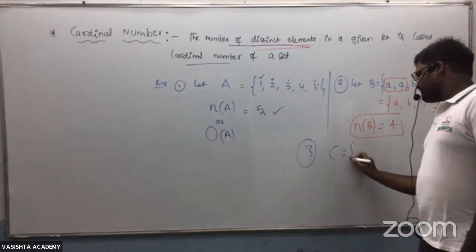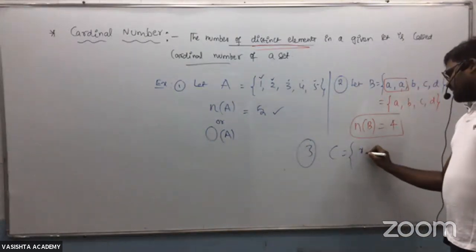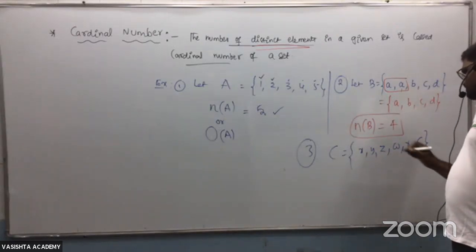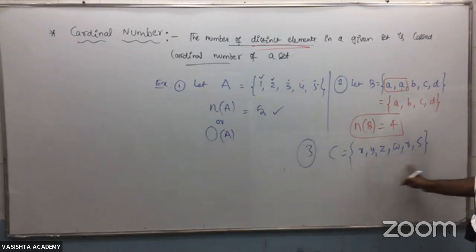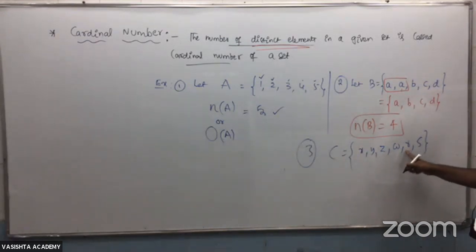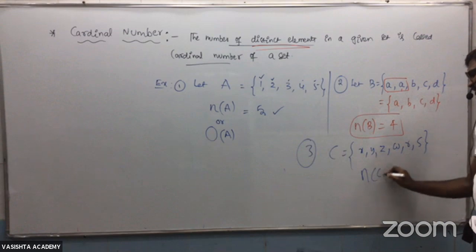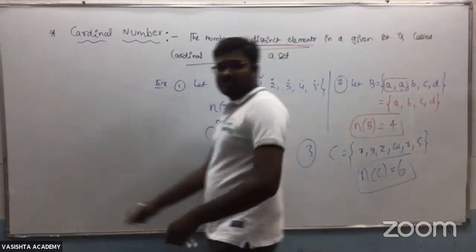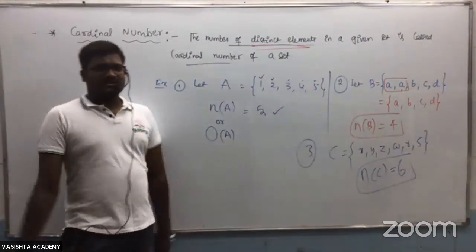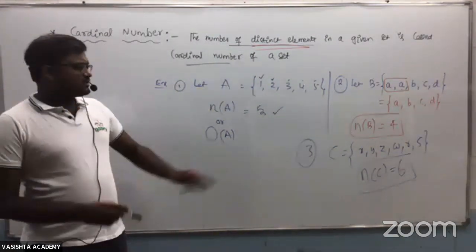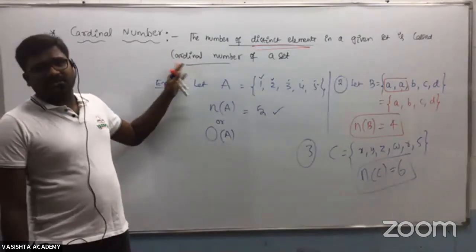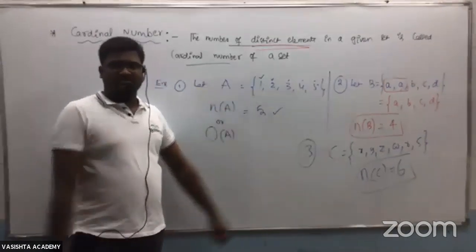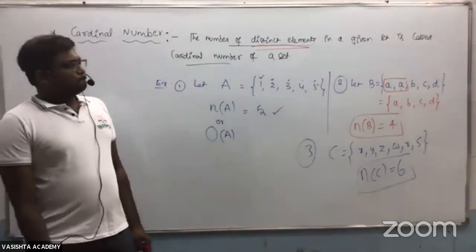When I take set C as X, Y, Z, W, R, S, how many distinct elements you can see here? 1, 2, 3, 4, 5, 6. So the cardinal number of set C is 6. I hope this is clear. Cardinal number is nothing but the number of distinct elements in a given set. Nothing else. Okay? Good.